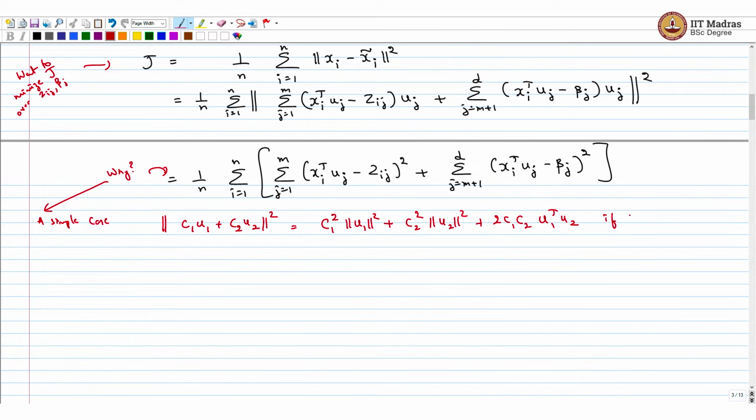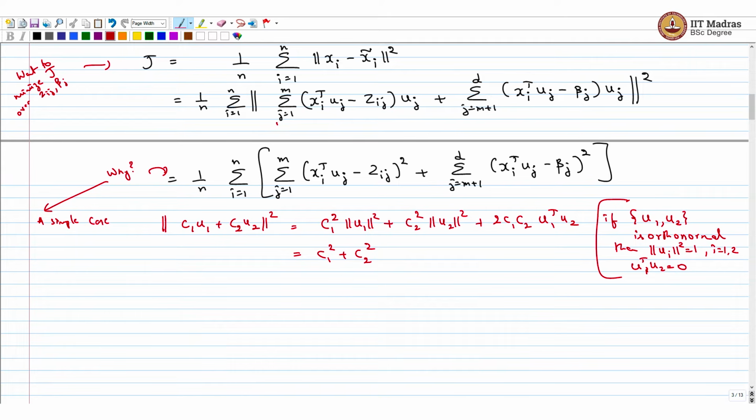Now if u1, u2 is orthonormal, then norm ui equals 1, i equals 1, 2, and u1 transpose u2 equals 0. Now this just means that this is equal to c1 square plus c2 square. And the same thing is happening here.